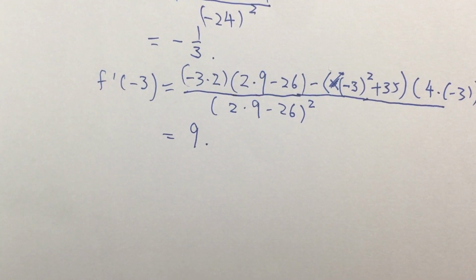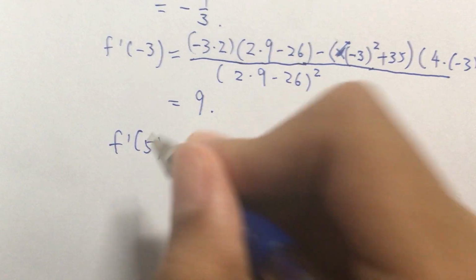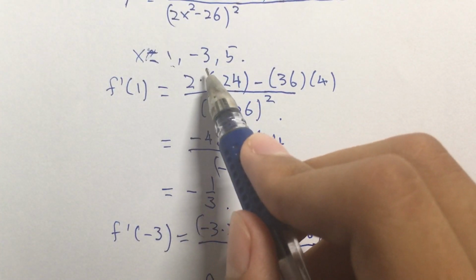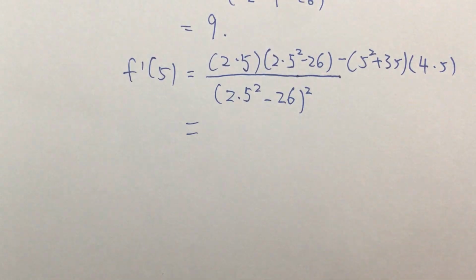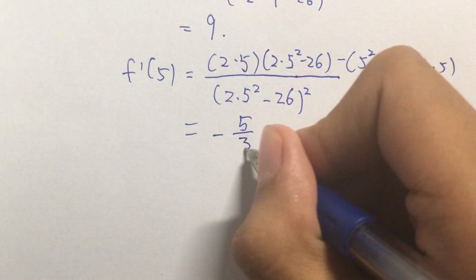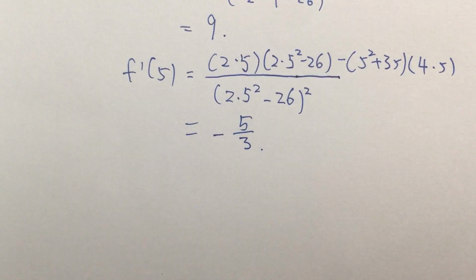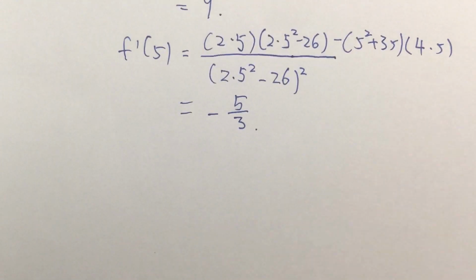And we do the same thing for f dash 5, because x is equal to 1, negative 3, and 5, and we need to find this point, which is equal to negative 5 over 3. I skipped that because it's just simple calculating.